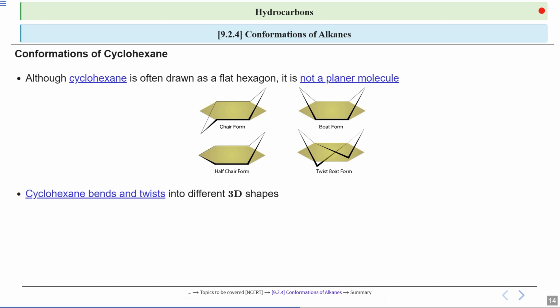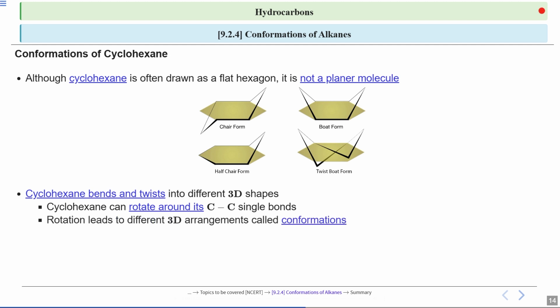Now, all of these conformations that you are seeing for cyclohexane are merely the outcome of bends that your flat cyclohexane has undergone, right? Now, where is it bending? Basically it is rotating around the C-C single bond, and that is allowed. You know it for sure that due to the symmetrical nature of the sigma bond, it is possible to rotate the C-C bond.